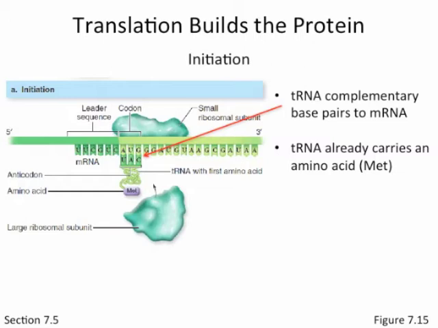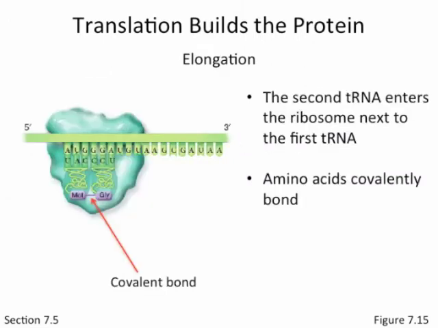And as the ribosome sits here, it's going to have two binding sites, the first of which is filled with that first tRNA that was bound to the start codon. The second binding site is now open for a tRNA to enter, and different tRNAs will enter until the tRNA with the correct anticodon for the next triplet of bases enters that binding site.